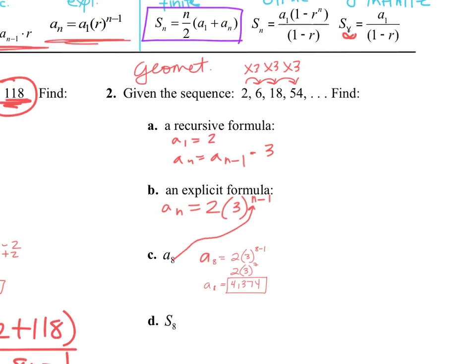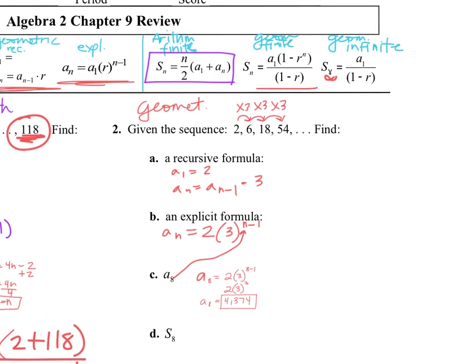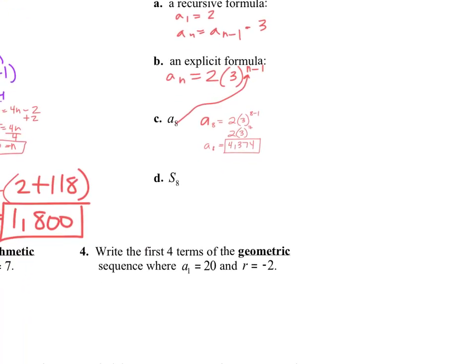Okay, then if we're doing the sum of those 8 terms, again, we said this is a geometric sequence. So if you look at your formulas, the sum for a geometric sequence, this is finite, right? Oh, never mind. It's finite because we're finding the sum of 8 terms.